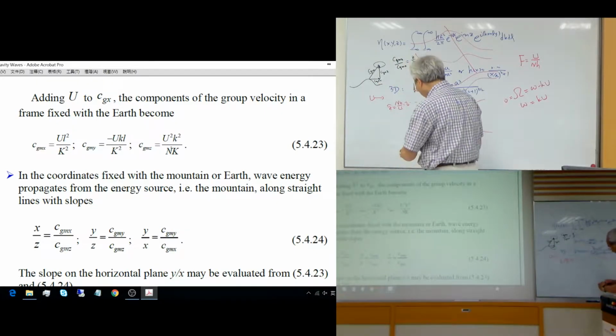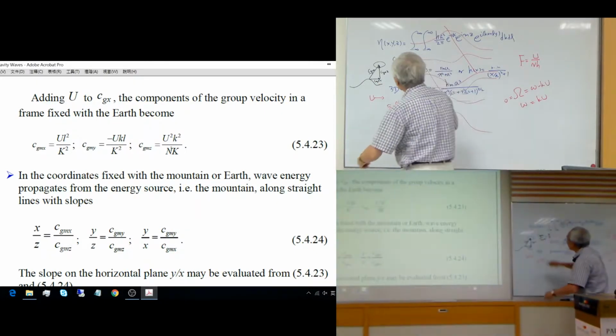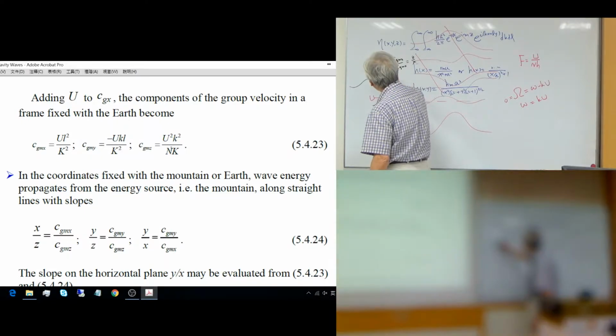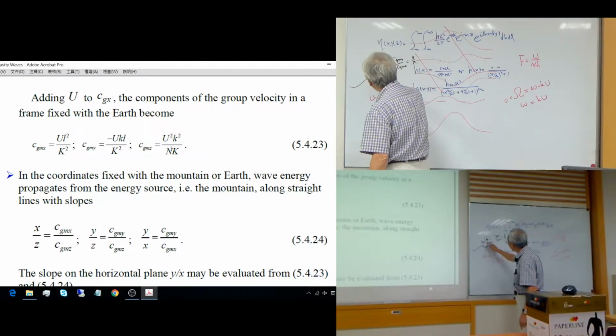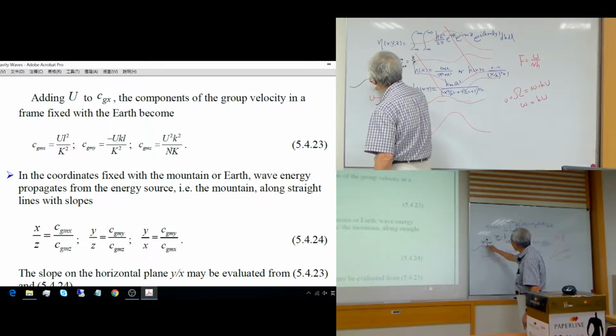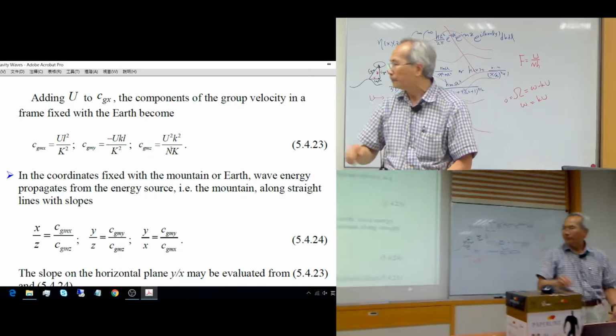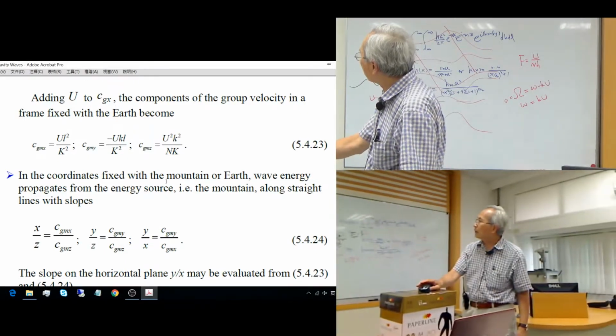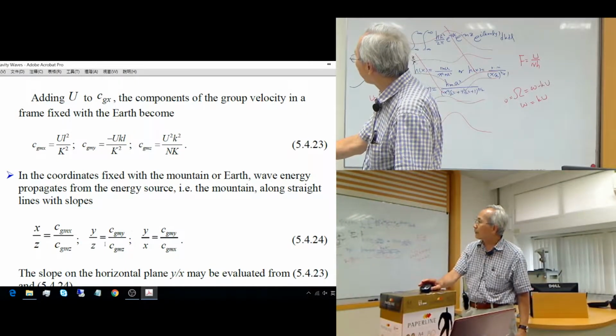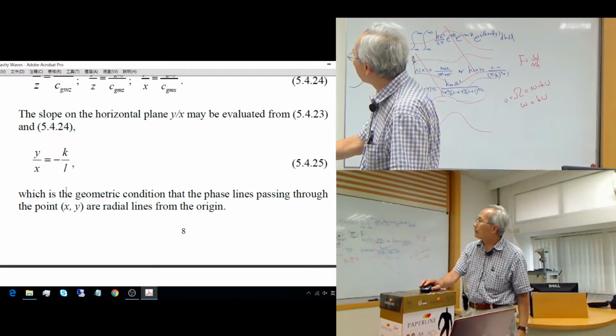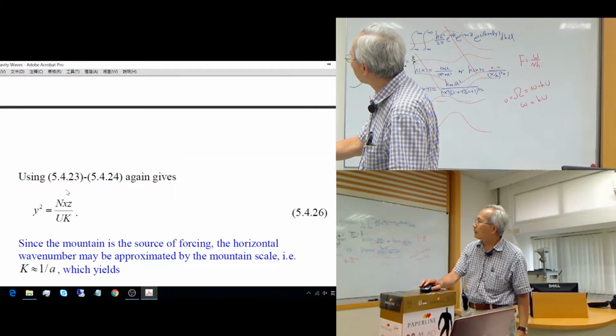So this distance will be x, this will be z. So z divided by x will equal CGMZ divided by CGMX. And once you do that, you can plug all those into there, and then we get like this.